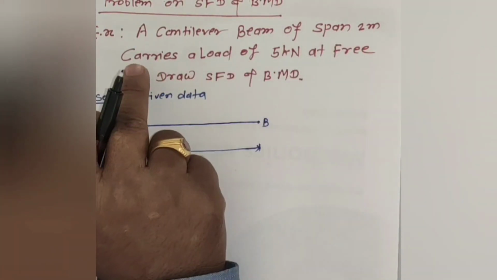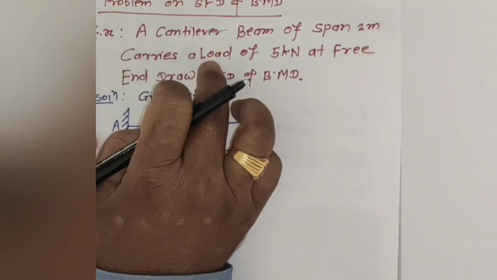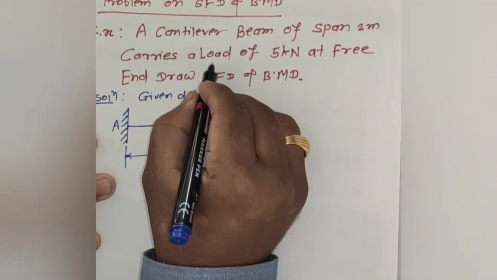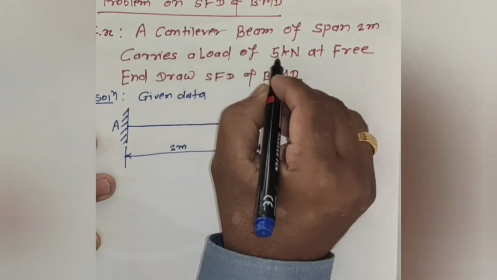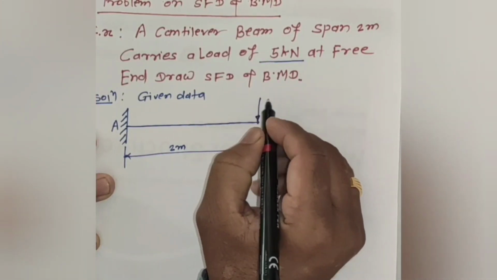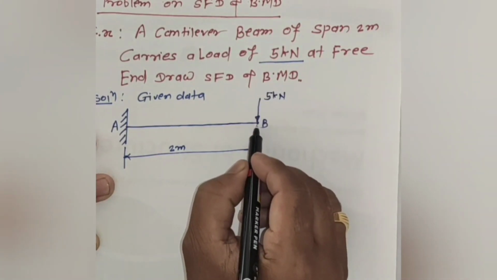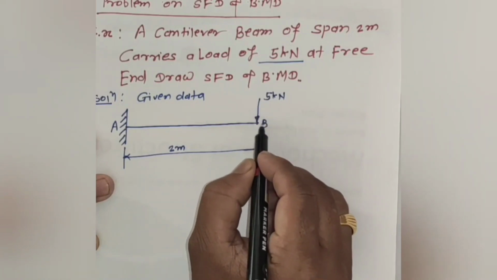Then this cantilever beam carries a load of 5 kilonewton at free end. Point load of 5 kilonewton at a free end.